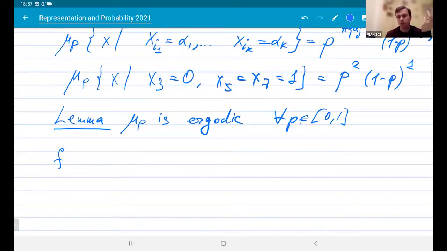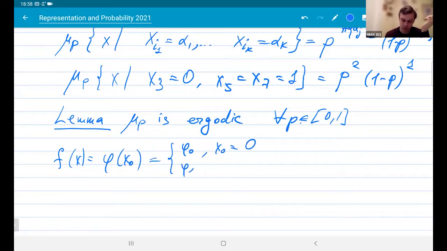Of course, you can consider a function depending on the whole sequence, but let us consider the function that depends only on one position, the position number 0 in our sequence. So f of x is some phi of x_0. So it is some number phi_0 if x_0 equals 0, and phi_1 if x_0 equals 1.